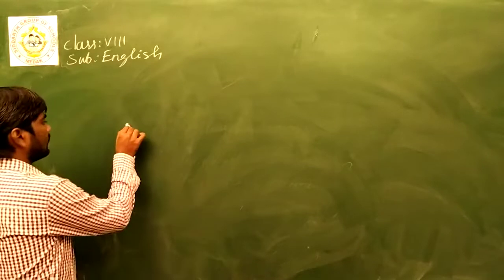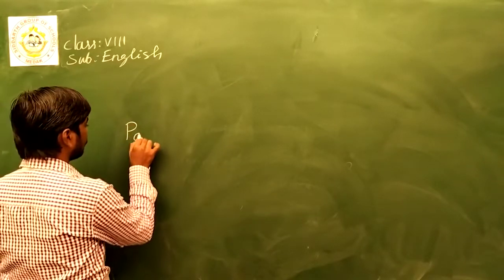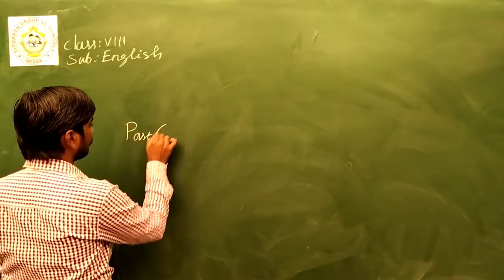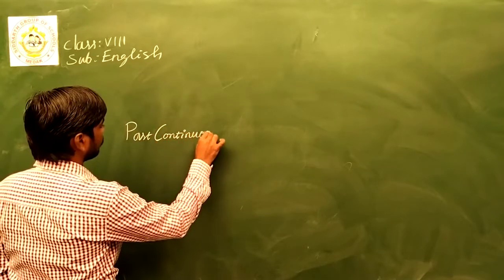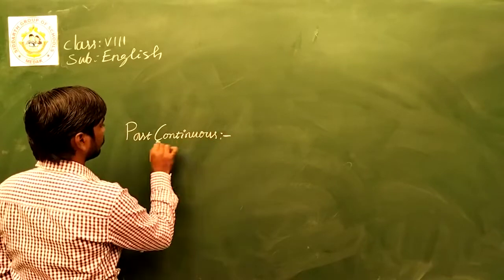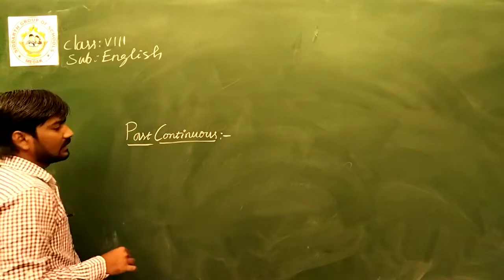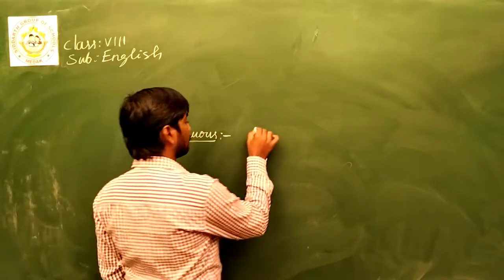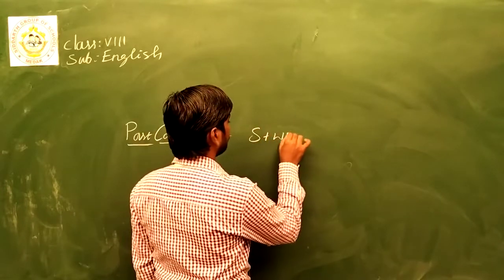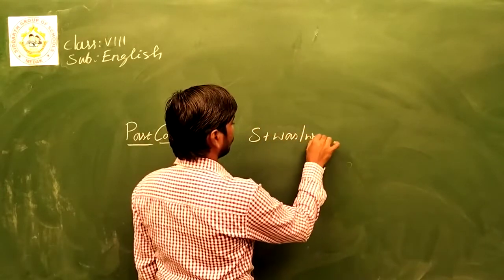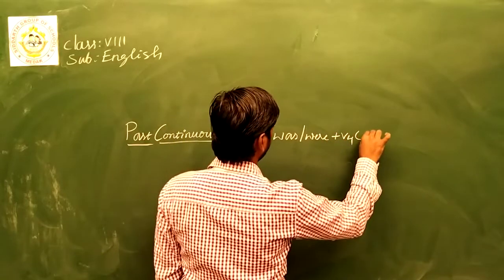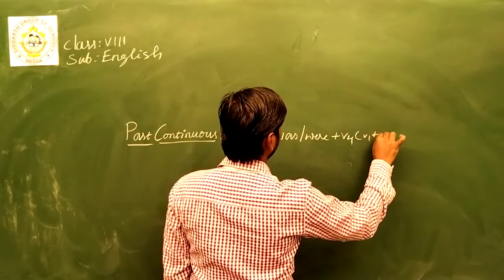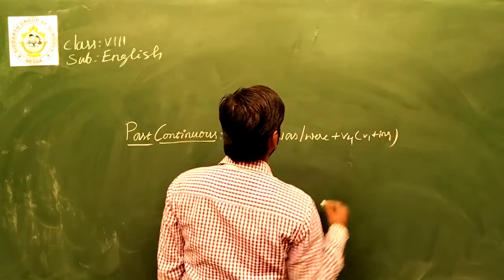Okay, the past continuous. Past continuous structure: V1 plus ing.